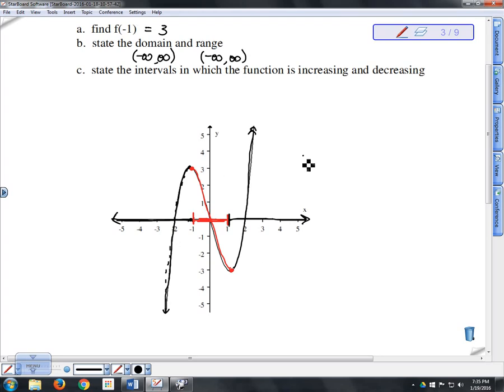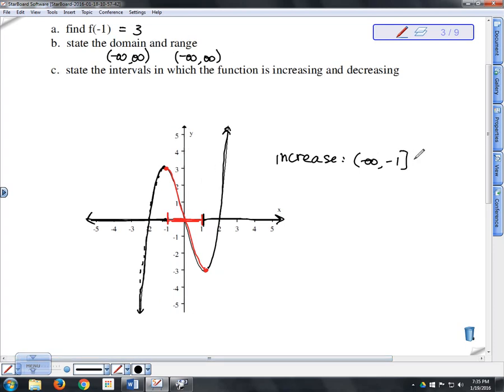So increasing from -infinity to -1. It's also increasing from 1 to infinity. Decreasing interval would be between -1 and +1.